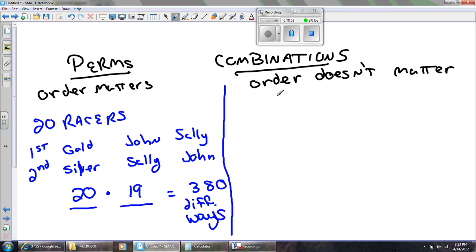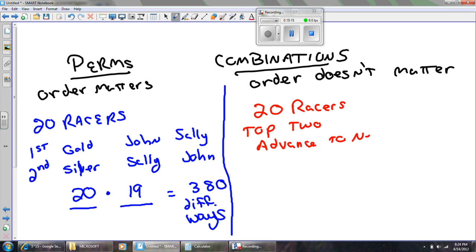So let's look at a very similar situation. Let's say we have 20 racers, and the top 2 advance to the next round. Well, let's say John finishes in first and Sally finishes in second.